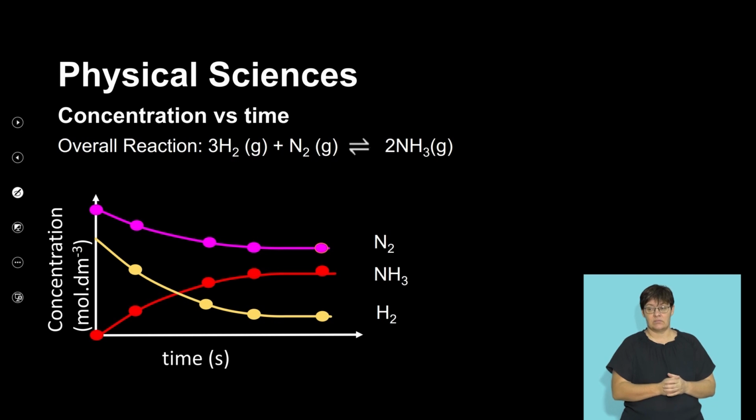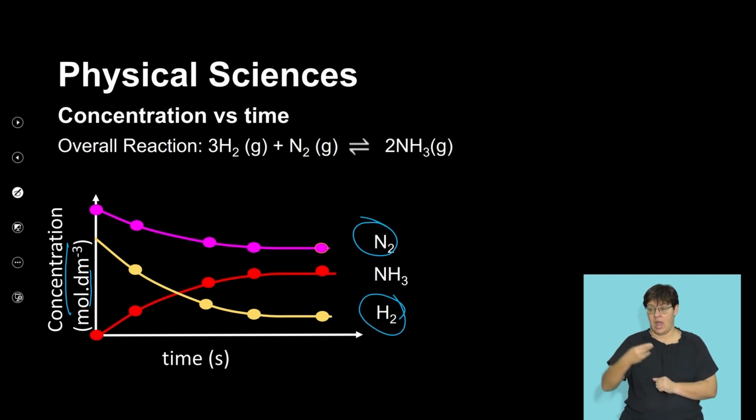When we look at the concentration-time graph for the same reaction, I want you to remember that I'm now looking at concentration. The purple-pink part represents what happens to nitrogen over time, the yellow is what happens to hydrogen, and the red is the ammonia.